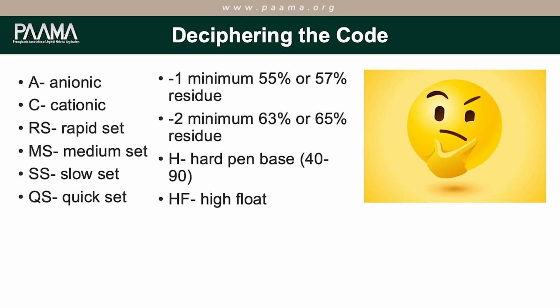A 1 designation is usually lower viscosity or lower asphalt content. A 2 is higher viscosity, higher asphalt content. H is a hard base, 40 to 90 penetration. HF is high flow, and then there's also P for polymer, L for latex. Those are all things you might see.